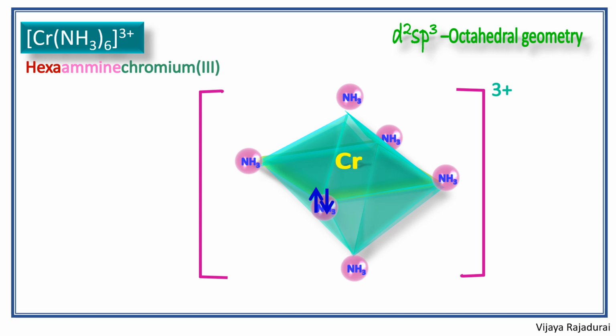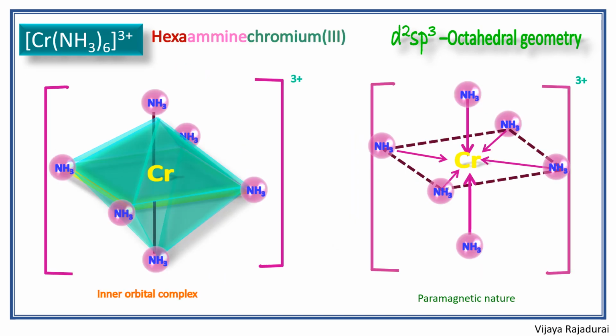Each ammonia ligand donates one lone pair of electrons to the central metal ion, chromium(3+), forming 6 coordinate bonds. This complex is an inner orbital complex. The hybridization is d2sp3. In this complex it has 3 unpaired electrons, so it is paramagnetic in nature.